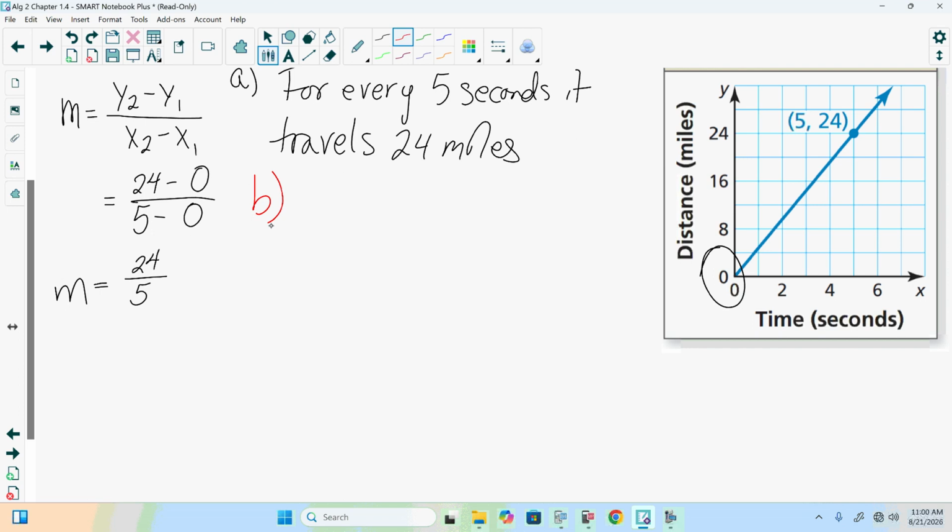Well, yes, it's the point 0, 0 where it crosses that y-axis, yes? So our value of b, the y-intercept, is 0, yes? And the slope is 24 over 5. Because if I have the y-intercept and the slope, we can use what? Slope, intercept, point.